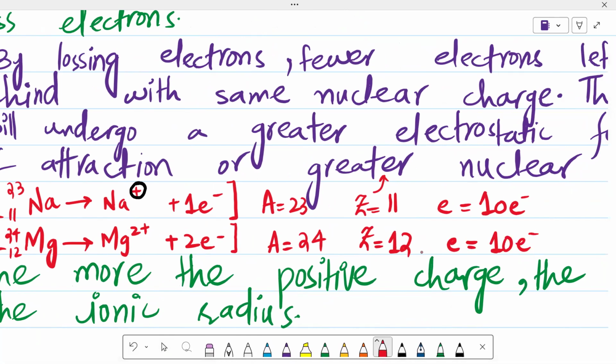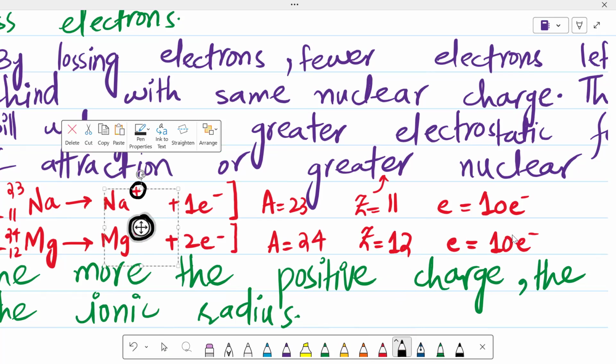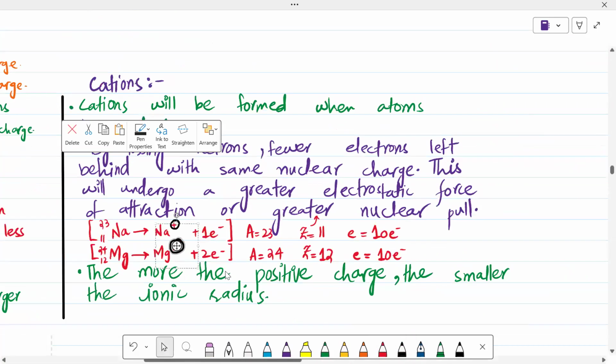Which quantity is more, proton number or electron number? The proton. And how many protons are more if you compare these two? Two more. That's why it is 2 plus. Clear? Okay. So this is how we write these things.